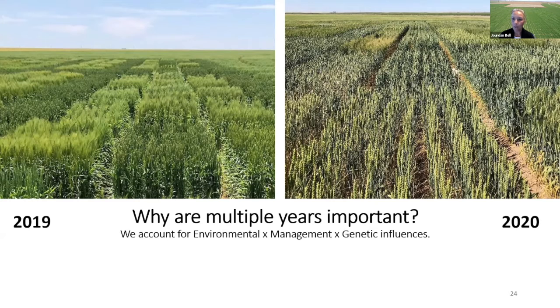Many of them have been caught in situations where they have purchased something from ag industry that had not been thoroughly evaluated, and the producer becomes the guinea pig. And we often see that with some hybrids. They are not thoroughly tested.